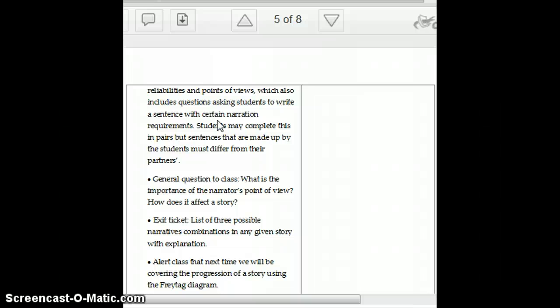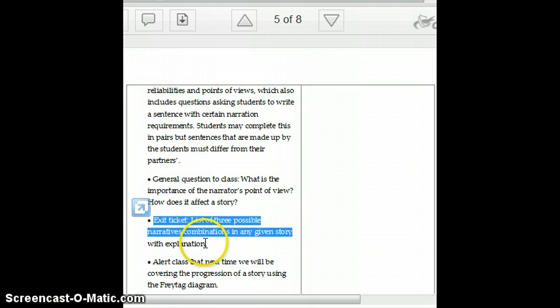So you say, I have a general question of the class. What is the importance of the narrator's point of view? How does it affect a story? Your exit ticket is list of 3 possible narrative combinations in any given story with explanation. The exit ticket is a little unclear to me.